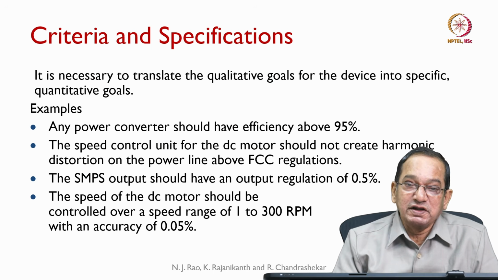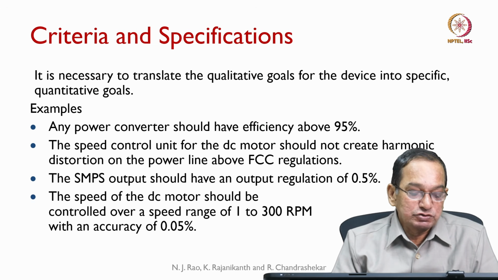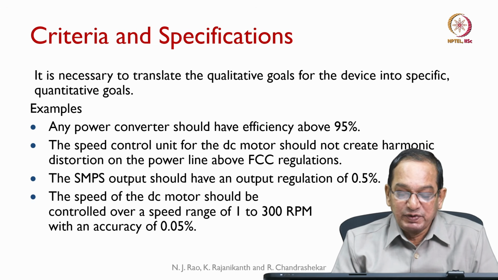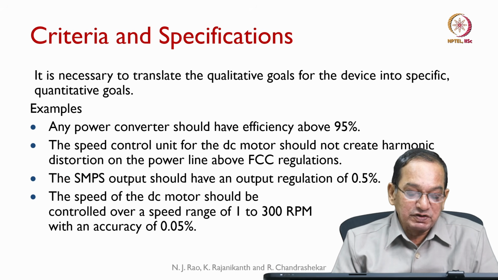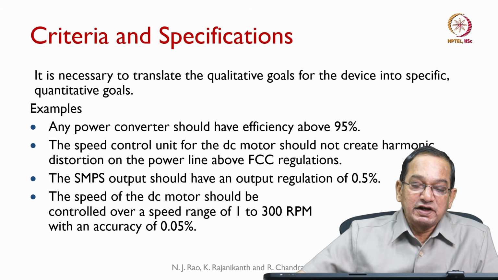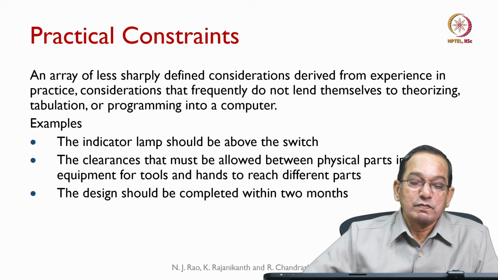It can be any other value, 1%, 0.2%, but it is quantified. The speed of the DC motor should be controlled over a speed range of 1 to 300 rpm with an accuracy of 0.05%. So, the criteria and specifications essentially provide quantitative goals.